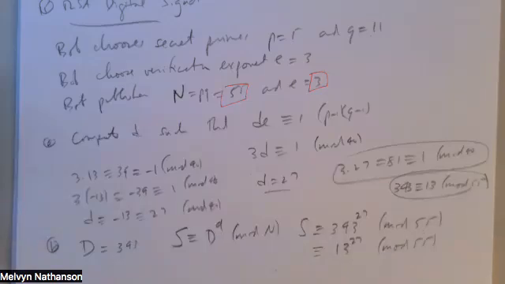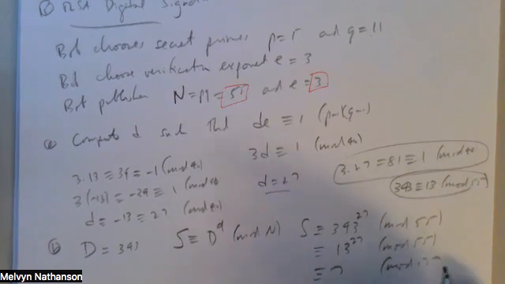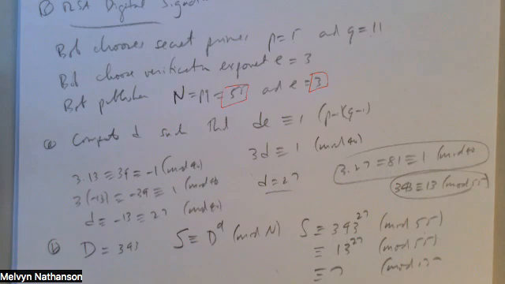I take 13 to the power of 27 and I divide it by 55, and the remainder is 7. So the signed document that Bob sends is just the number 7.